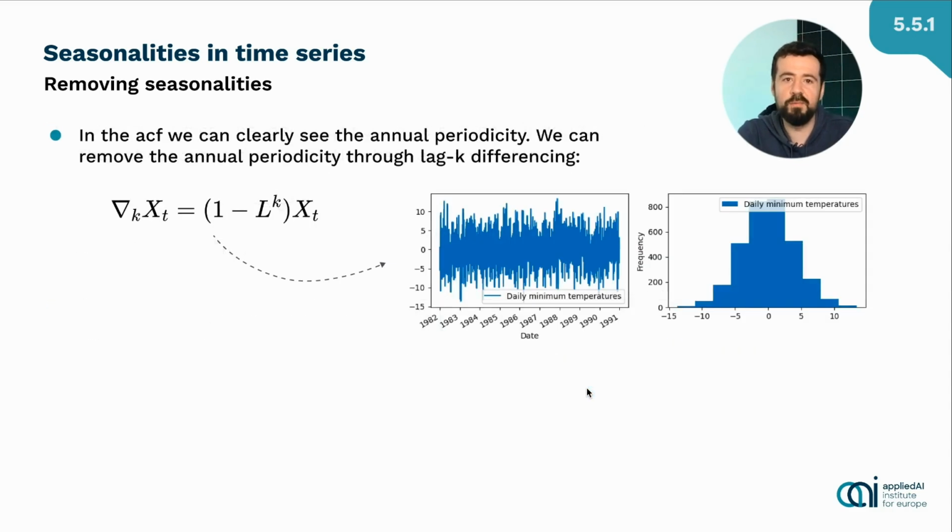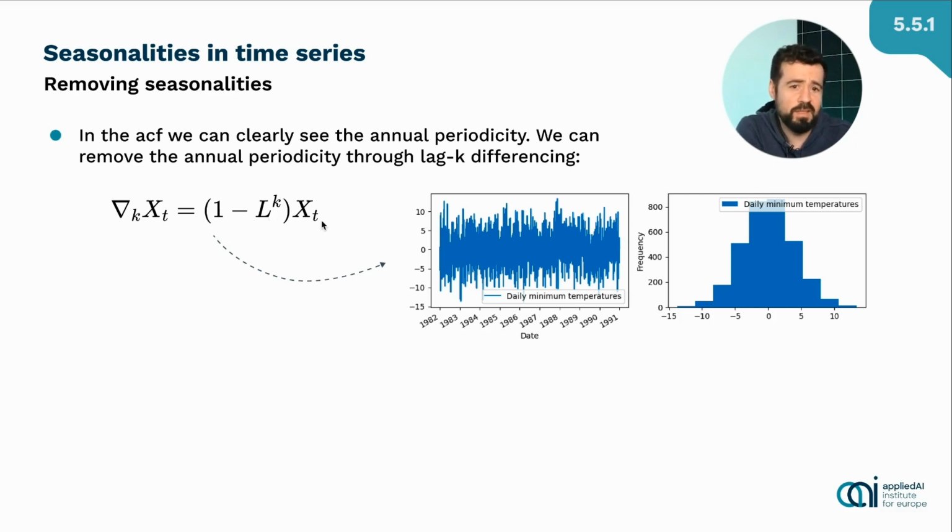So how can we do that? Again, the lag operator is our friend, but we need to apply it in a slightly different way, because now we are going to use lag k differencing, which we denote with this lambda subscript k here. It is defined as (1 minus L) to the k times x_t.